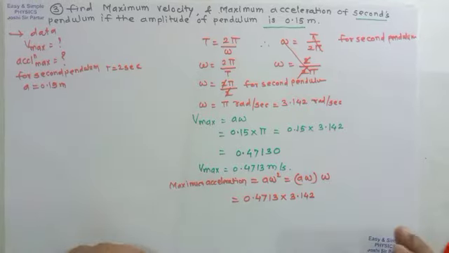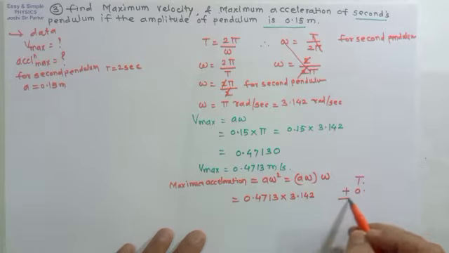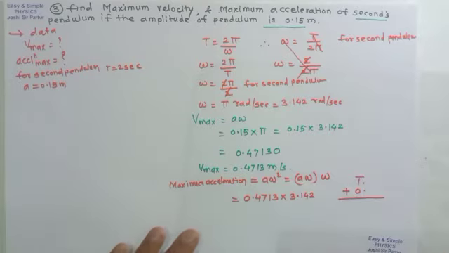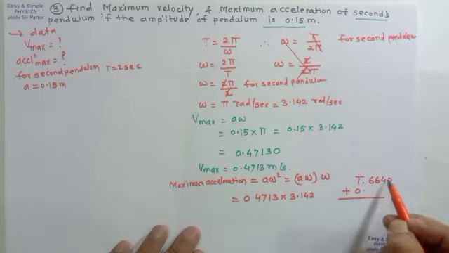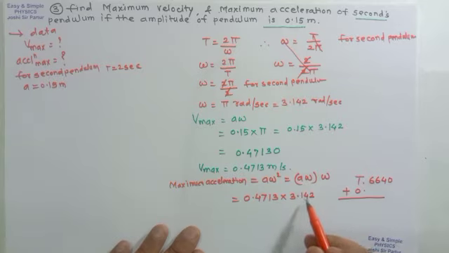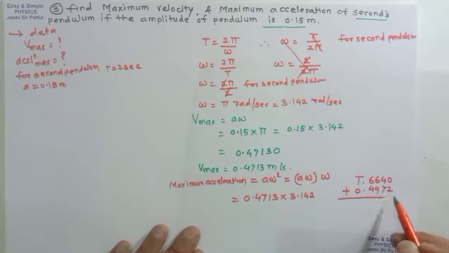Again, by solving using the logarithm bar 1 point addition. So here 47 in 1, 3 is in mean difference, will be 6640, and 31 4 and 2 is mean difference, will be 4972.